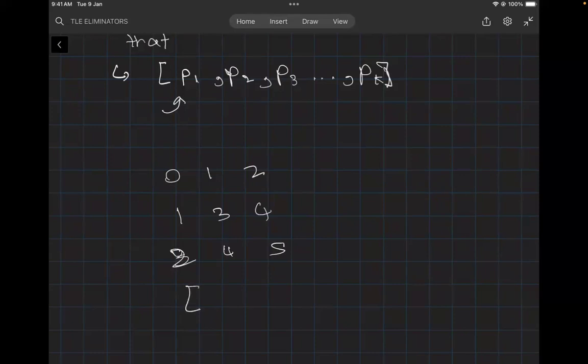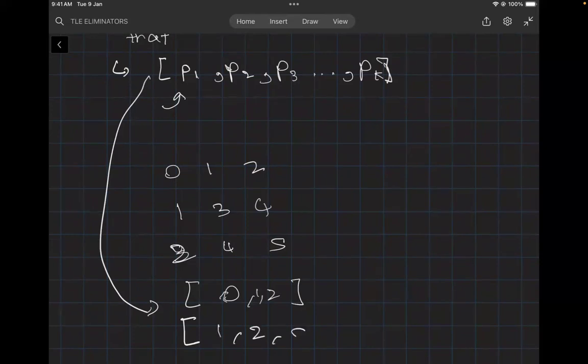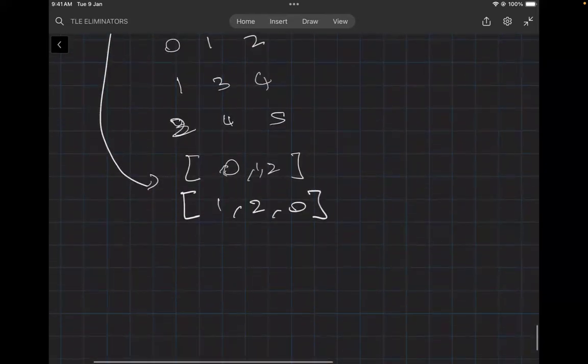Then for this Pi, you can choose the indices as 0, 1, 2. Okay. You can choose the indices as 1, 2, 0. And you can choose the indices as anything, right? You can choose it as 2, 1, 0 as well.